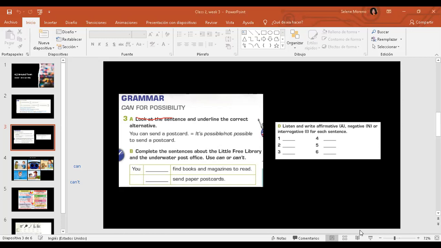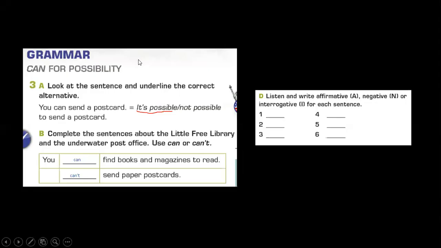So for number 1, what type of sentence was it? Negative. Negative, very good. So I'm just gonna write N. The sentence number 2, what type of sentence was it? Affirmative. Affirmative, very good. Number 3, what type of sentence was it?